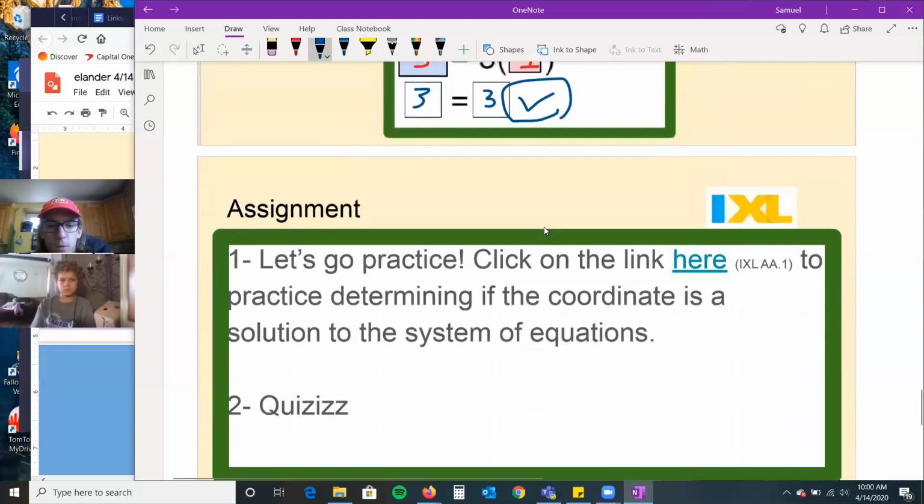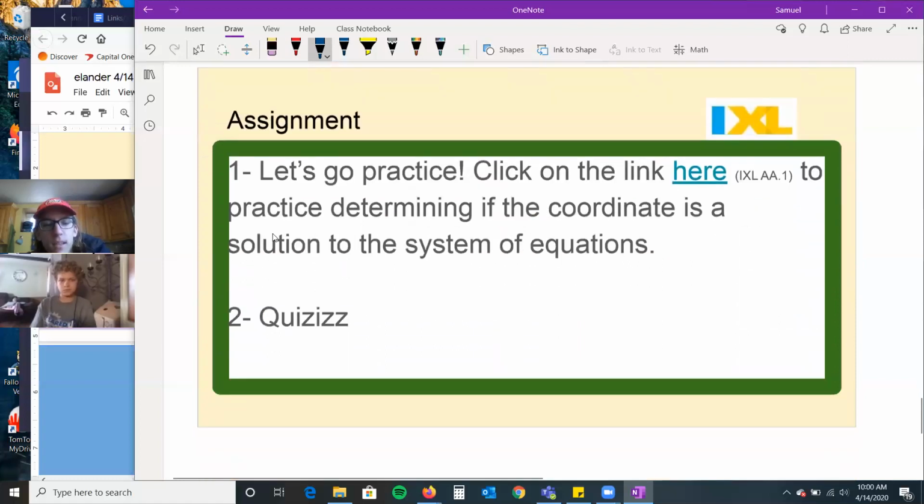All righty, so your assignment. We have just one set of IXL that I want you guys to try. You can follow the link in the slides, or it is AA1 in IXL. I want you guys to try to get to 80 SMART score for that.